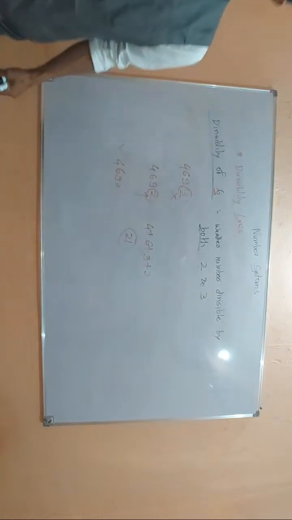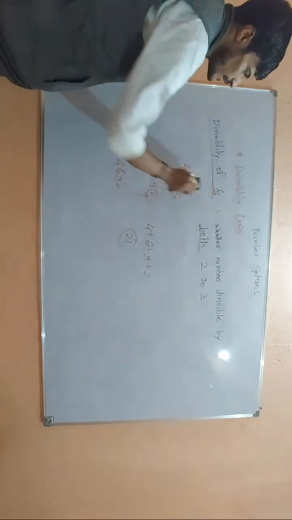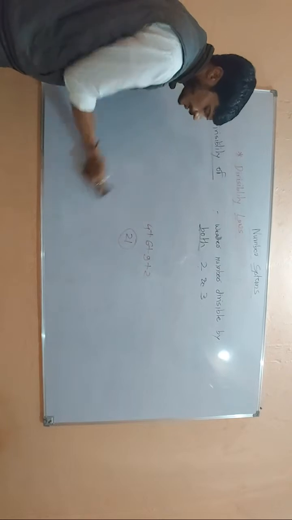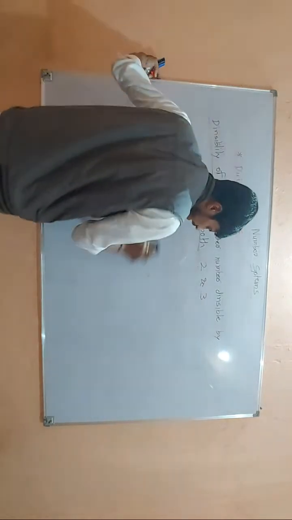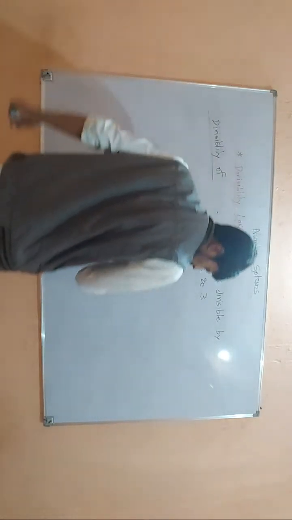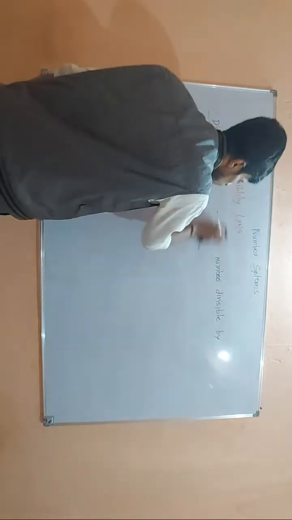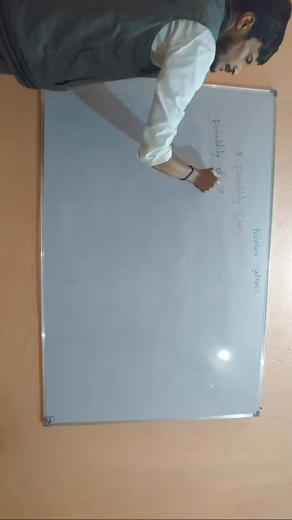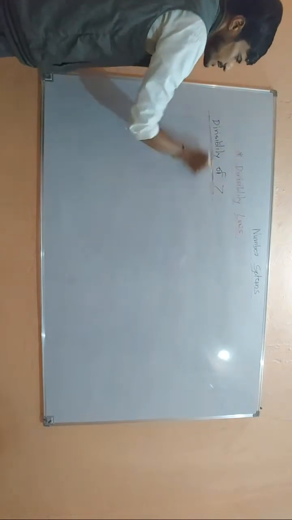Then next, you have to take here divisibility of 7. Actually, in the case of divisibility of 7, there are two rules. We are going to discuss both the rules. So what is the divisibility of 7?